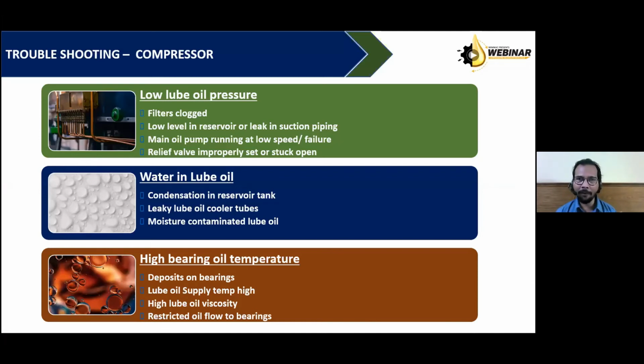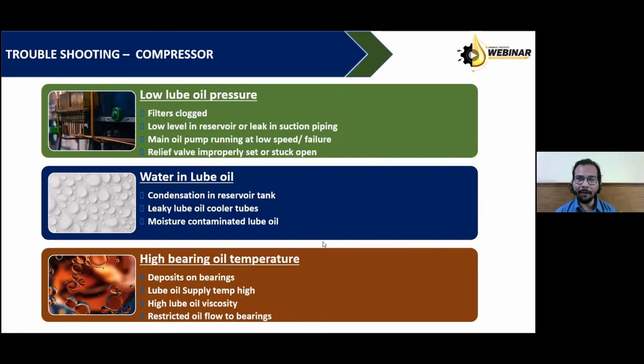Water in lube oil we have just discussed. High bearing oil temperature we have also seen. One point we didn't discuss in high bearing oil temperature is high lube oil viscosity.